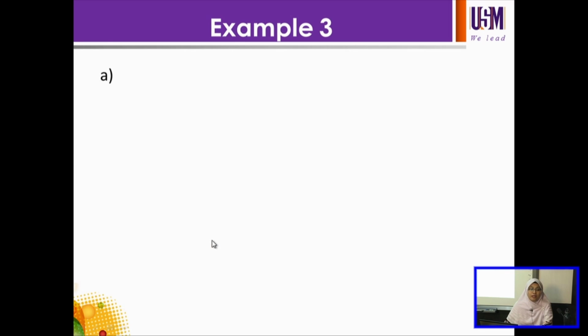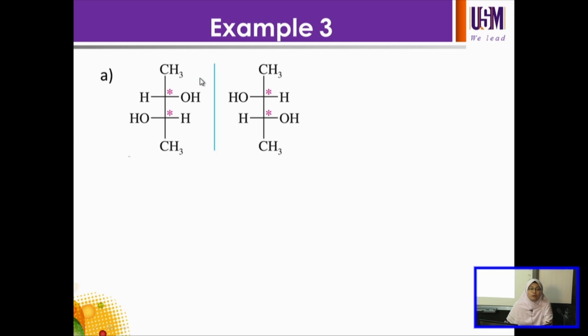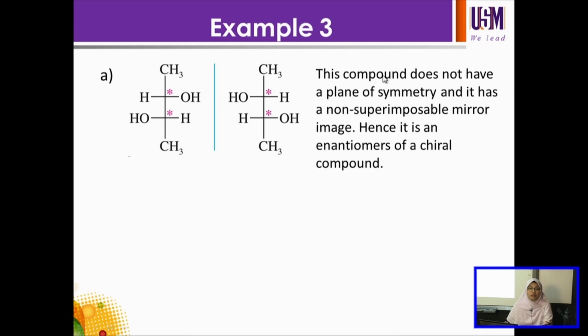For compound A, we can draw its mirror image and we can see that there are 2 chiral carbons. So this compound does not have a plane of symmetry and it has a non-superimposable mirror image. Hence, it is a chiral compound with an enantiomer.